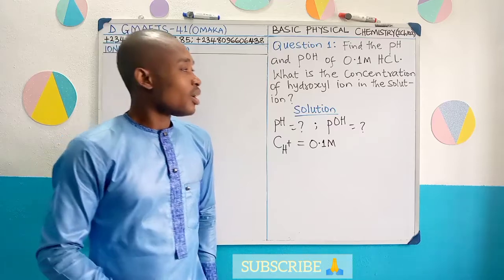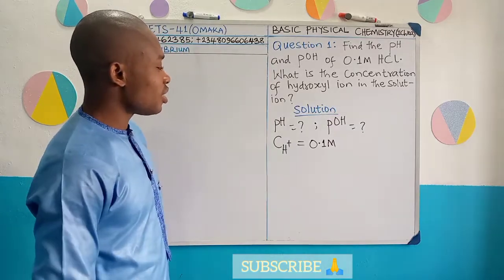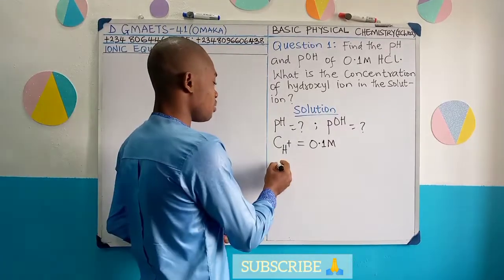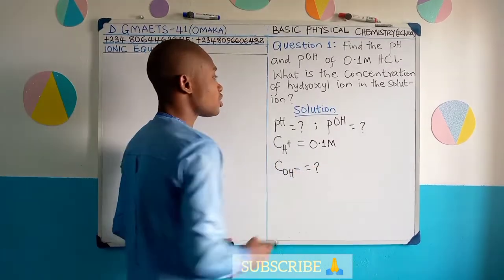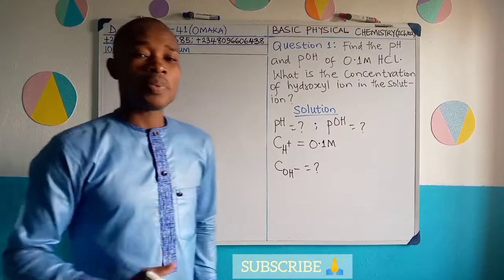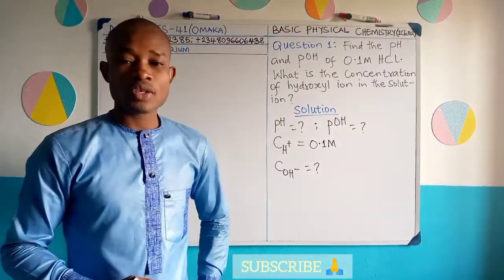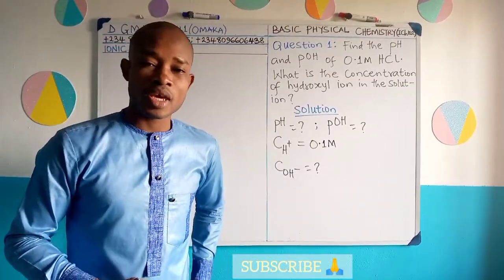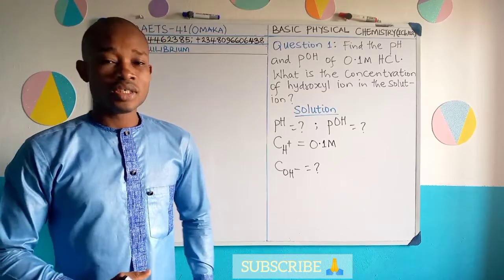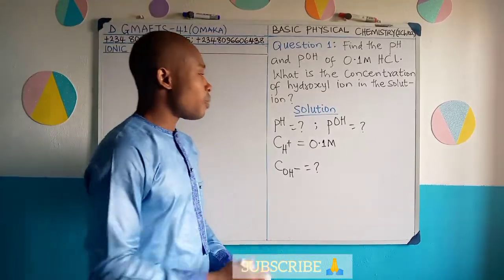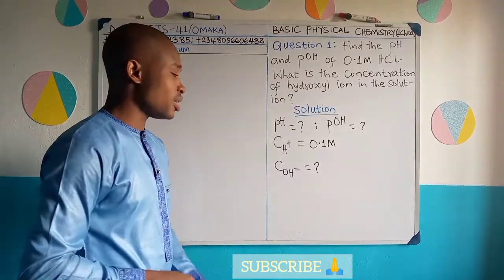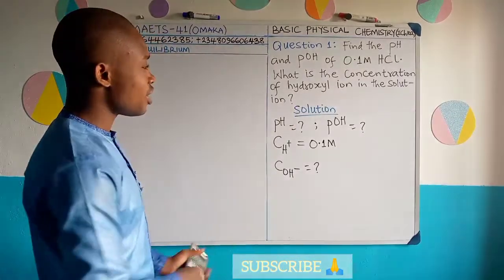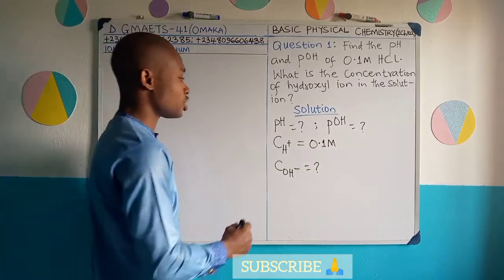Alright. Having done that, the next question there, we are to determine the concentration of hydroxyl ion. We don't know. So we're going to apply the knowledge of what we've learned so far on the pH and pOH to determine the value of the pH and pOH of this acid, and as well proceed to determine the hydroxyl ion concentration.